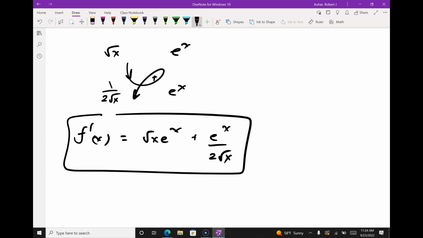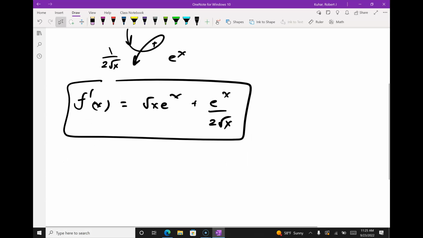Triangle. What rule are you going to use here? Quotient rule. So it's easier to get our second derivative with this version. But of course, what's the final version I want? If you're just giving me the first derivative, I need to get an LCD of 2 rad x.